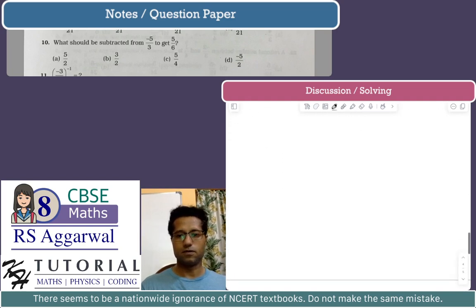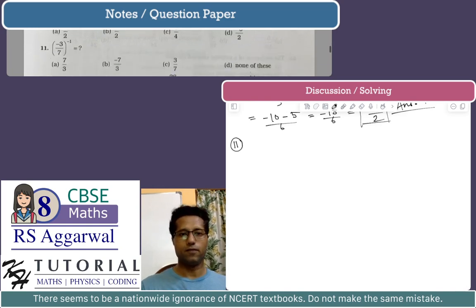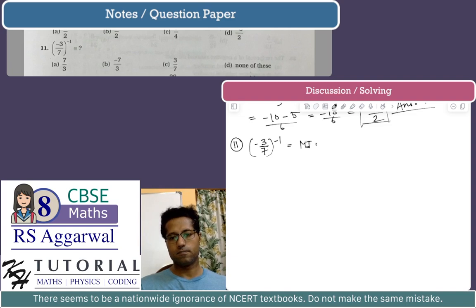Let's solve question number 11. We have to find what this is. Now what is this? This is equal to the multiplicative inverse, in short writing, MI, of minus 3 by 7. Multiplicative inverse is also known as reciprocal. So this is the reciprocal of the rational number minus 3 by 7.